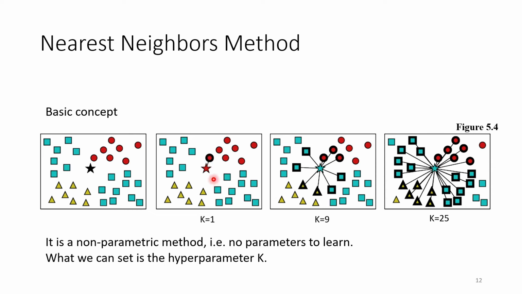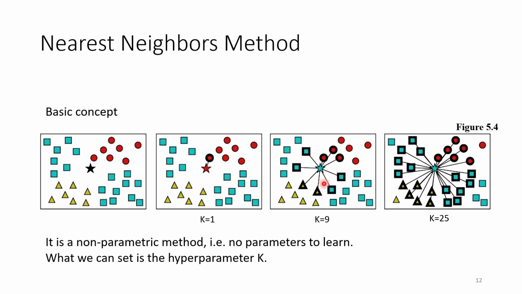The next question is, how many neighbors do you need to find? The number k is a hyperparameter. For different k, we will get different results. For example, if k is 1, then in this example, the star will be labeled as the circle.